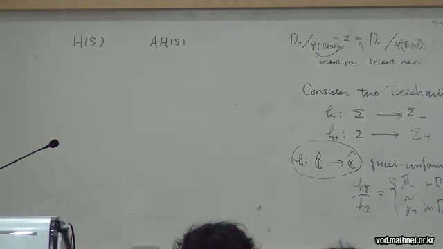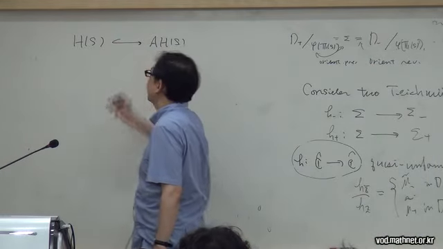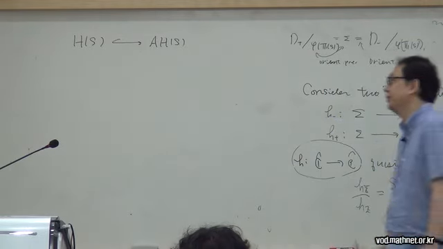Okay. So there's a map from H of S to AH of S. It's natural, it's the holonomy.